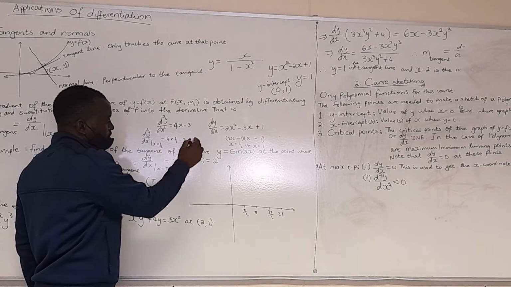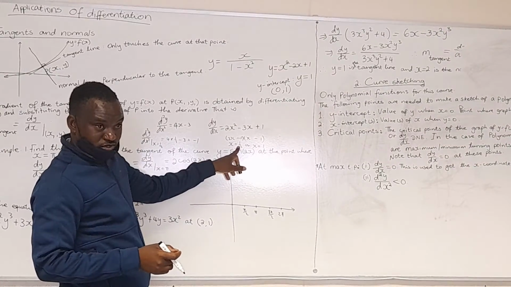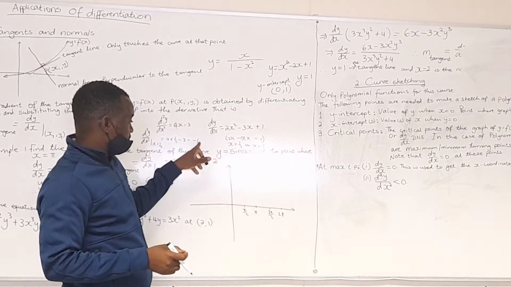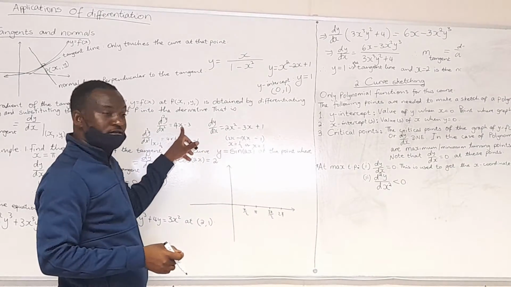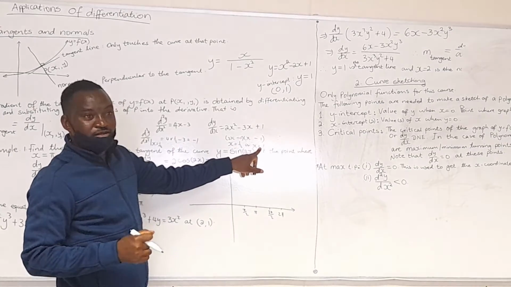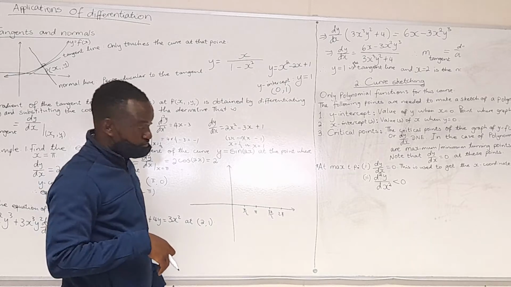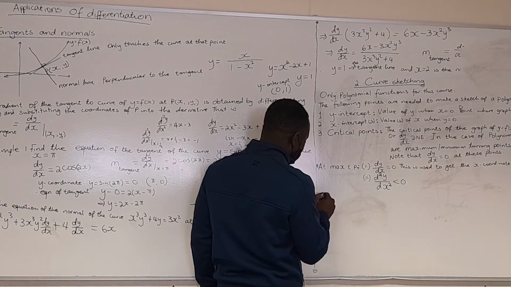So that is 3 minus 3... checking: the second derivative there is negative, so you know that this is the x coordinate of the maximum turning point. If you substitute 1 here, you get 6 minus 3, which is positive 3. So we have a minimum.